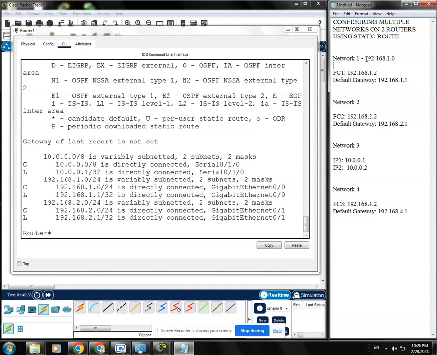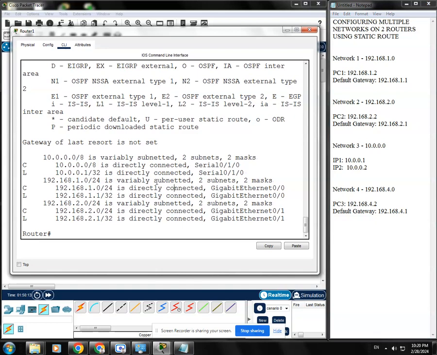I'll do the same for network two: the network IP address for these two hosts should be 192.168.2.0. On network three, the network IP address is 10.0.0.0, and on network four, it is 192.168.4.0. All right, now let's go back to the IP route.